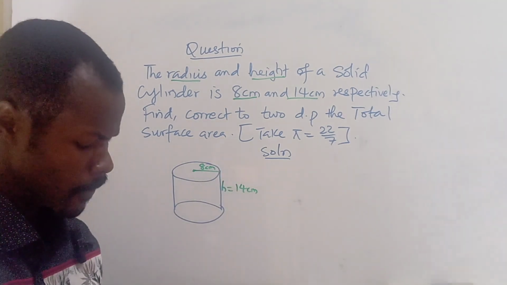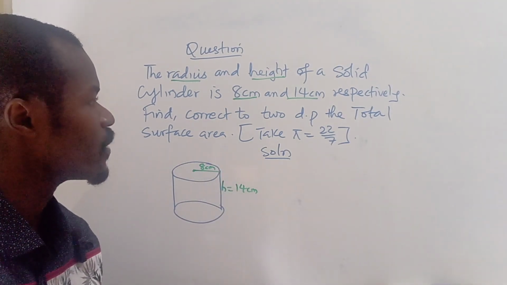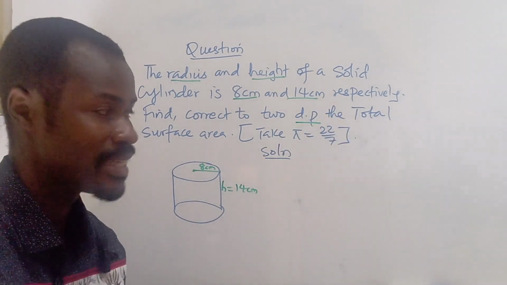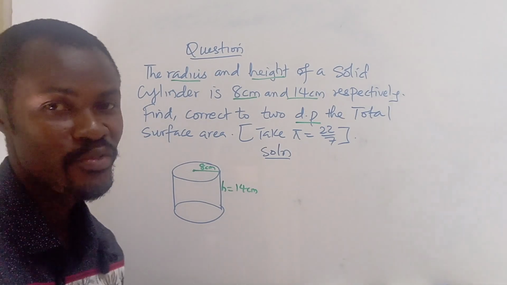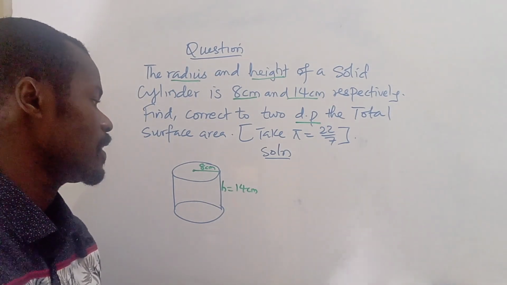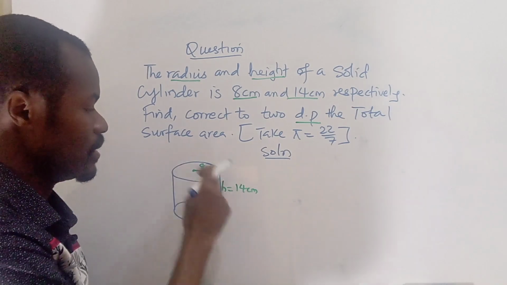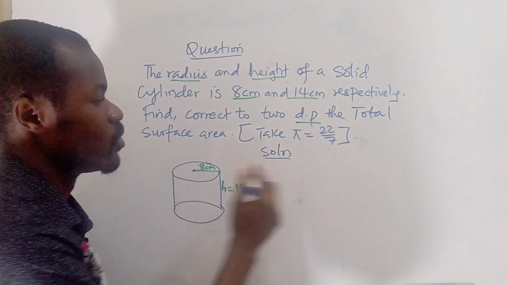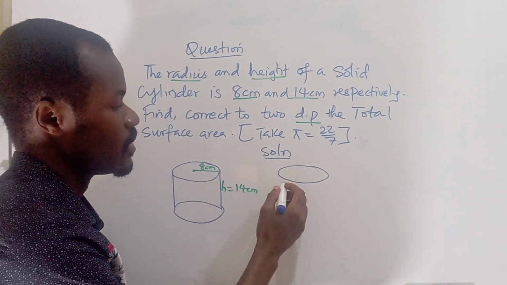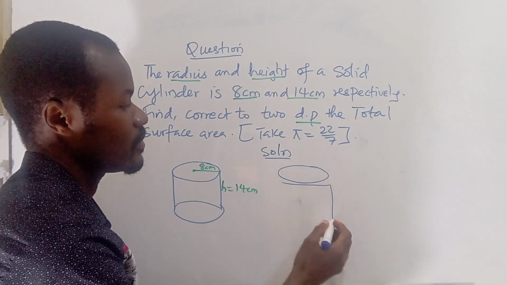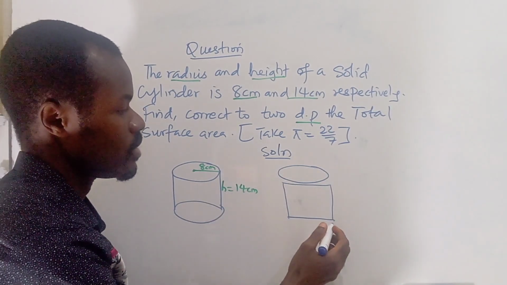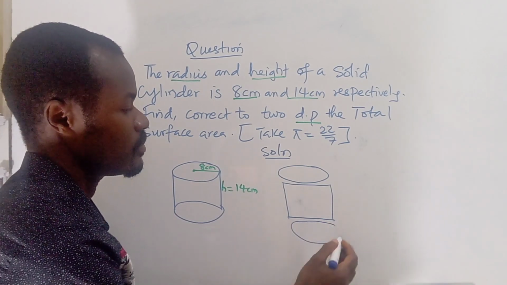So now the question says find, correct to 2 dp, which means decimal places, the total surface area. So what is the total surface area of a cylinder? Now, a cylinder has this circular area, then it has this area that looks like this, and it has another circular area at the bottom.